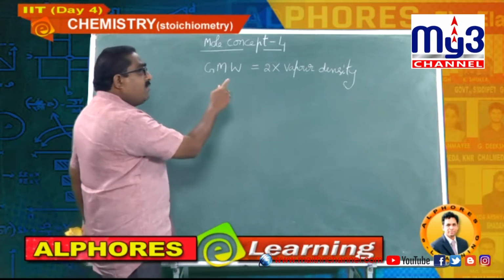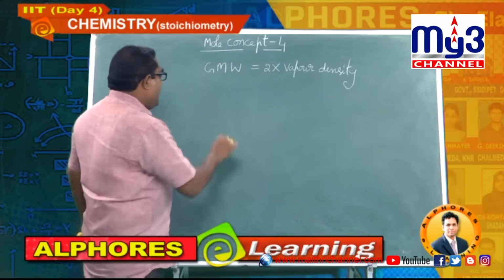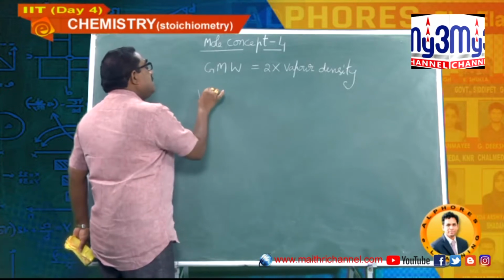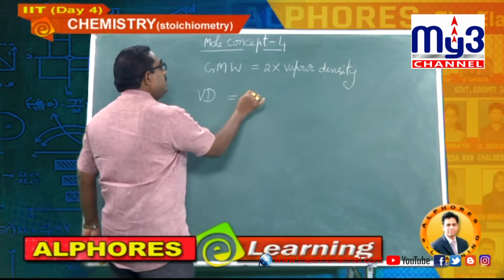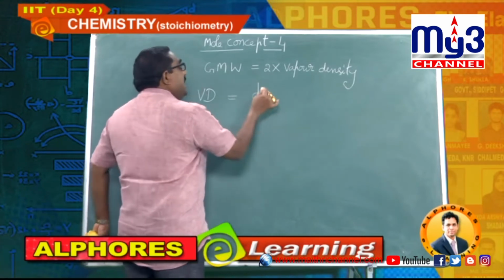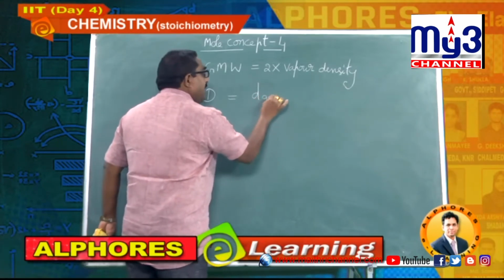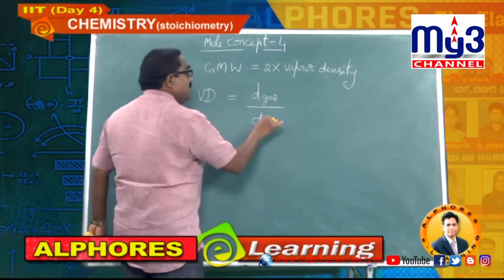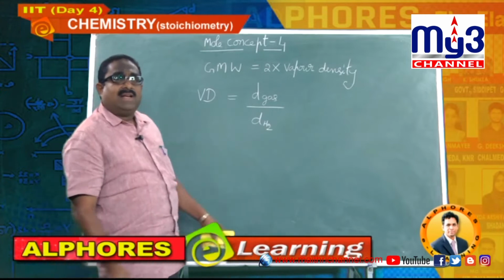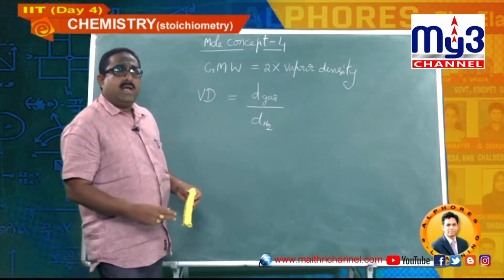I am writing the formula of vapor density here. VD, vapor density of a gaseous substance, is equal to density of that gas divided by density of hydrogen gas under similar conditions of temperature and pressure.